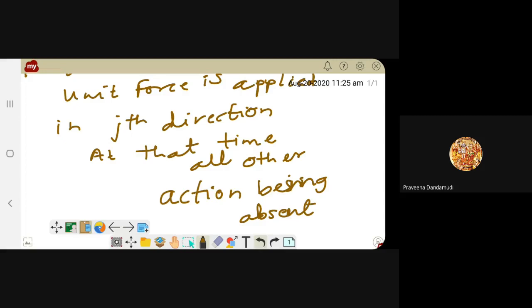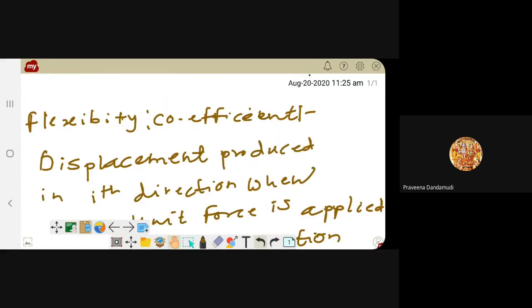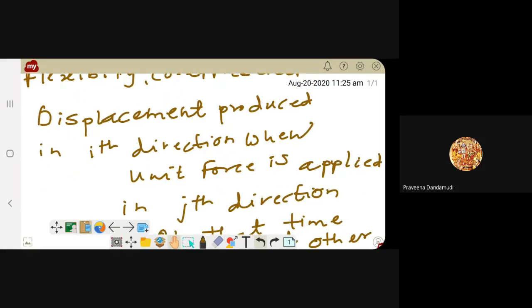You just take a note. This is the definition of flexibility coefficient: displacement produced in ith direction when, sorry, writing mistake, when the unit force is applied in jth direction.